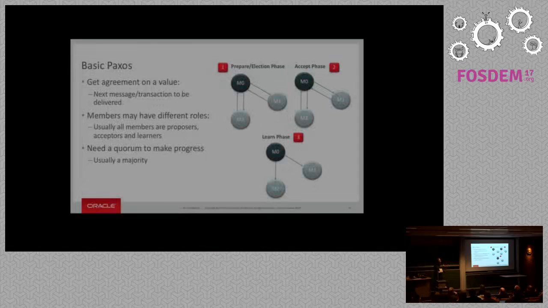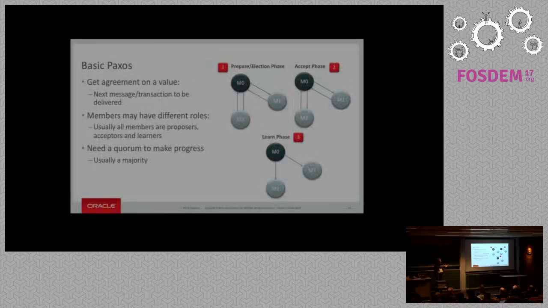These roles are proposers, acceptors, and learners. You have phases, and I'll explain each phase individually. Usually all the nodes have the same roles: they are all proposers, acceptors, and learners. And the messages that are sent through this, in our case, are transactions.